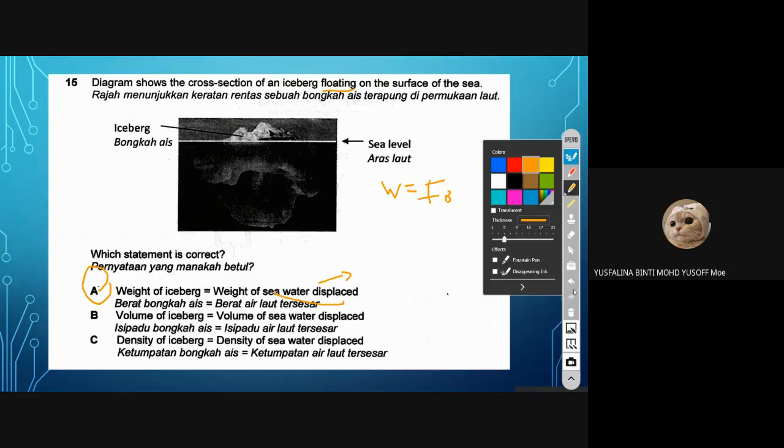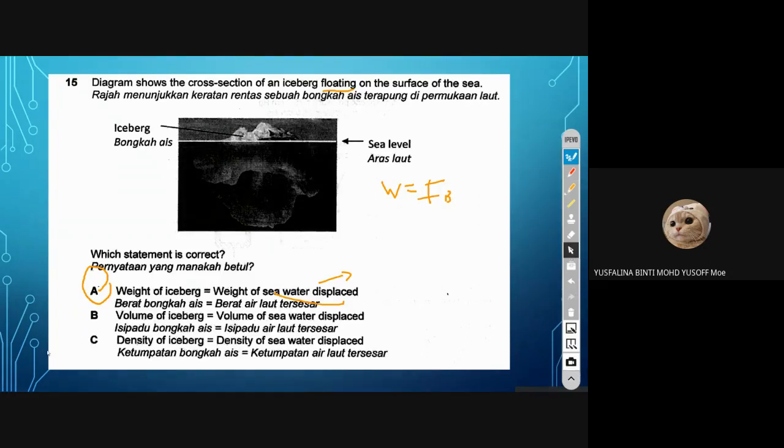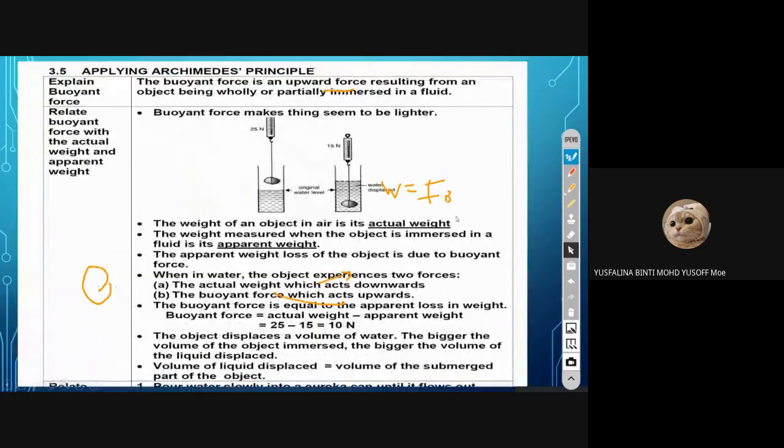Okay, so for the next slide, we do a little revision about Archimedes. Applying the Archimedes principle: what is the buoyant force? The buoyant force is the upward force resulting from the object being wholly or partially immersed in the water, in the fluid. So the buoyant force makes things seem to be lighter.